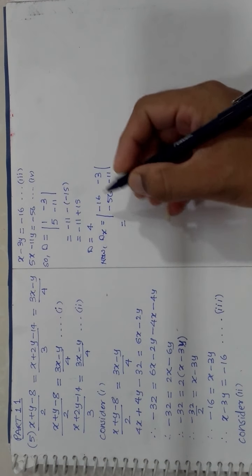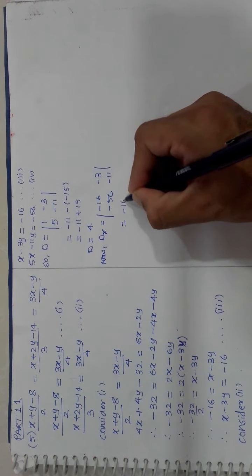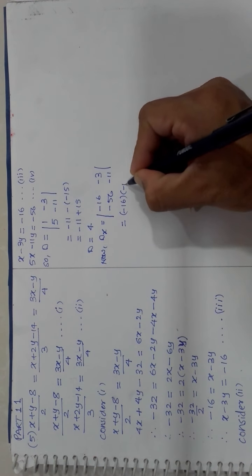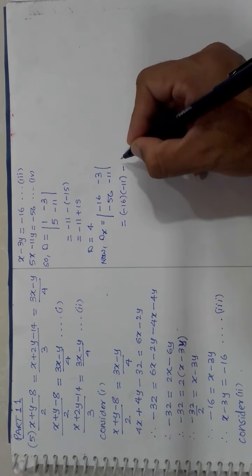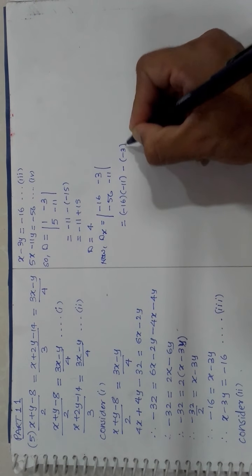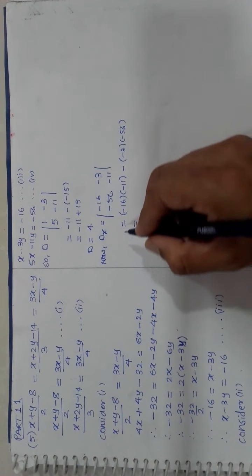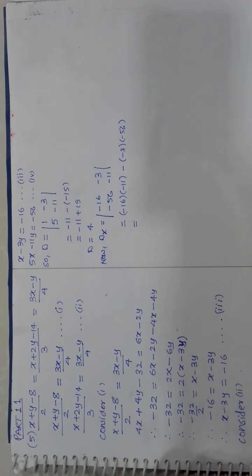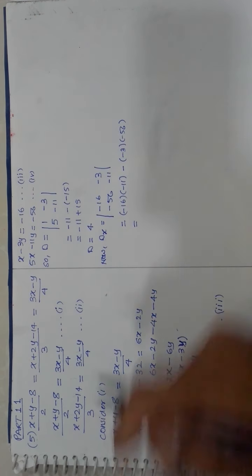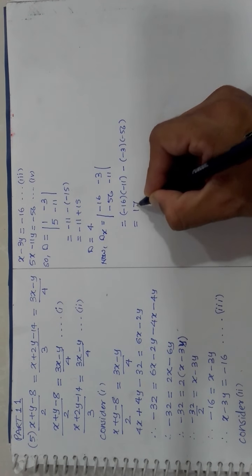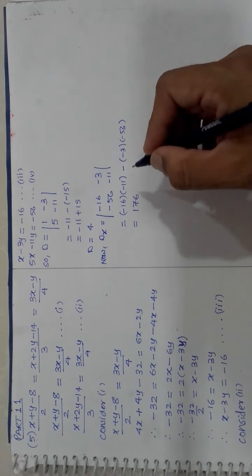Now that is equal to minus 16 into minus 11, the product of diagonal elements, minus 3 into minus 56. So minus 16 into 11 will become 176.